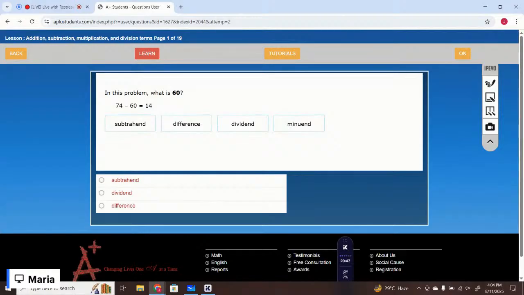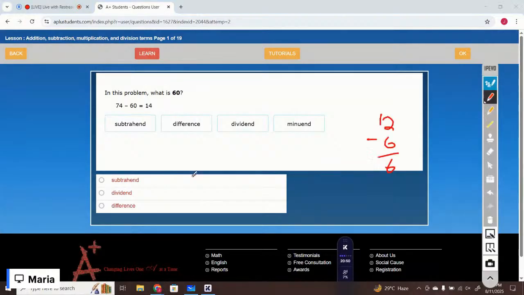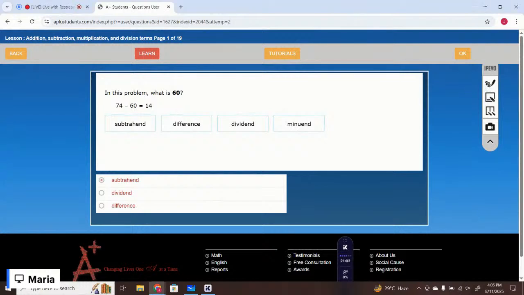The greater number is minuend and the smaller number is subtrahend. So the subtrahend, option number 1, is the correct option.